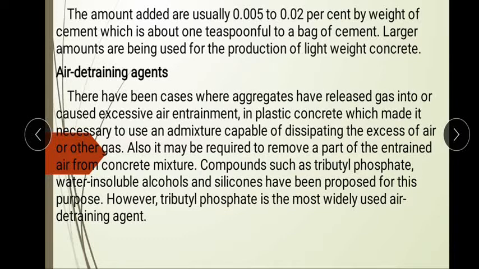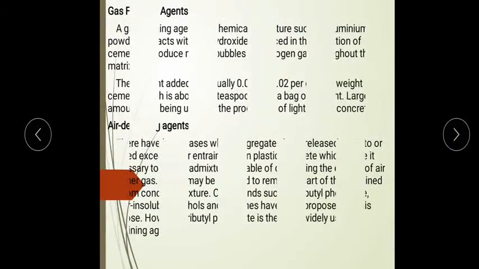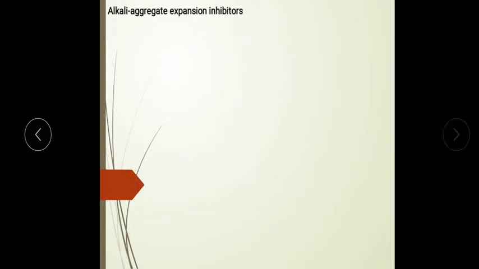If any additional air is formed because of the aggregates we are using in the concrete preparation, and we want to reduce the effect of those gas forming agents, we have to use air detraining agents, so that we can reduce the air bubble formation as well as the effect over the concrete.